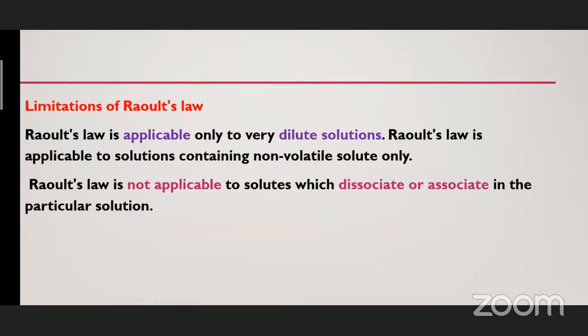So when we are forming a solution by dissolving this in water, it breaks into Na+ ions and Cl- ions. So here it is dissociating. For such type of solutions, it is not applicable. The solutes which dissociate, it is not applicable.